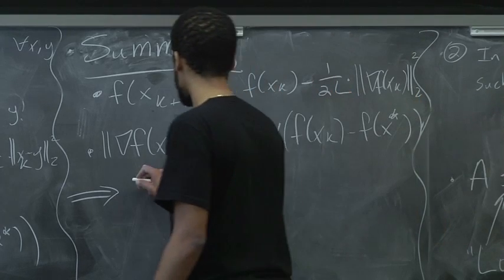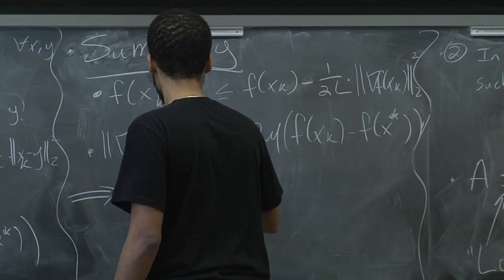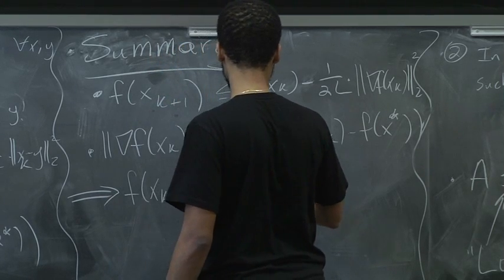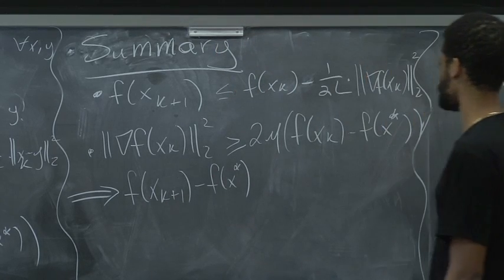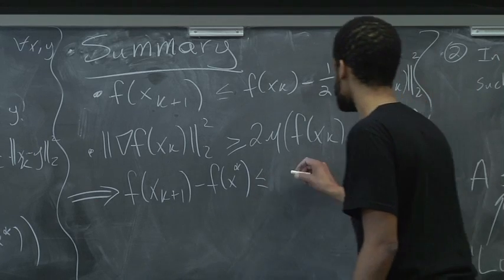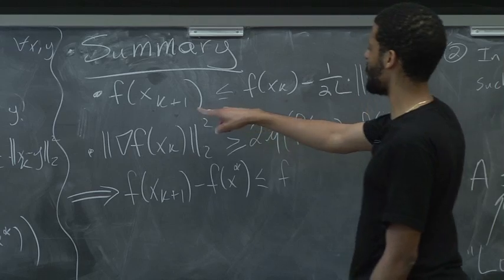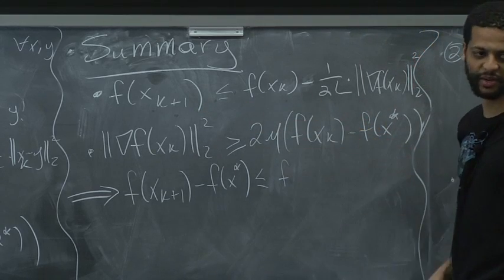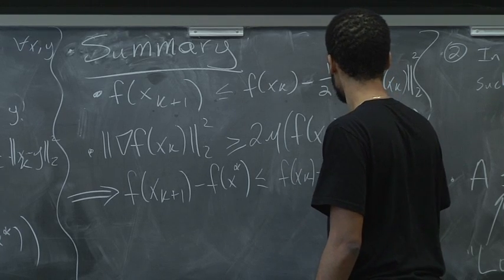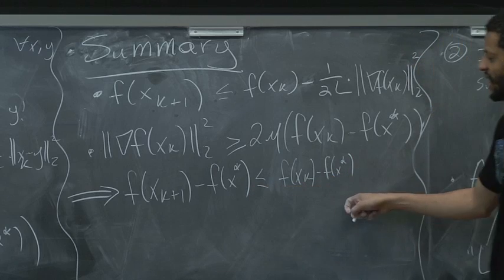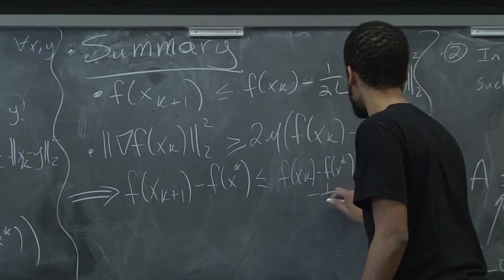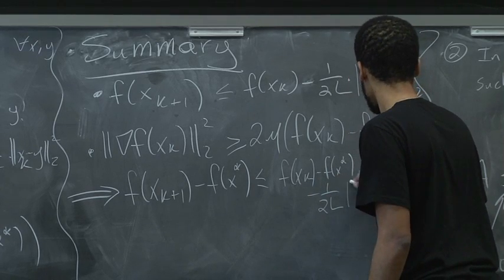This implies that f of x_{k+1} minus f of x star is at most, well, I'm just subtracting f of x star from both sides. I'm not doing anything fancy. This is at most f of x_k minus f of x star, minus 1 over 2L times the gradient squared.